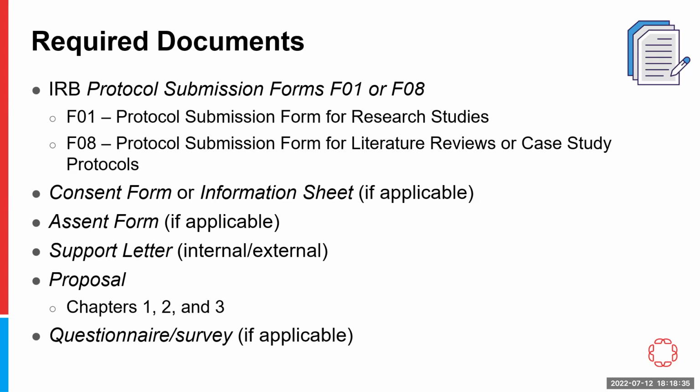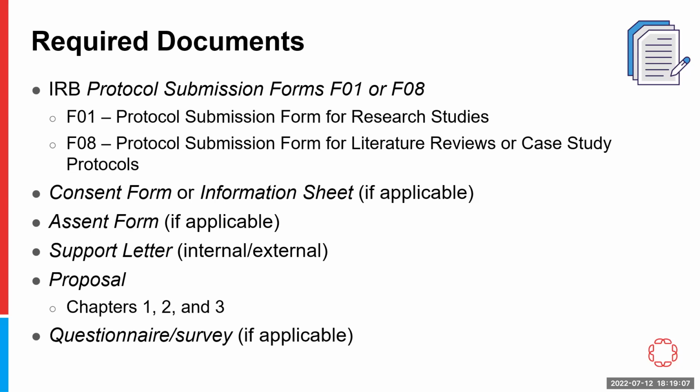F01 is the submission form for every research study. F08 is the form that we are using when you're submitting a literature review or a case study protocol. And the reason we are including literature review is because of the copyright.